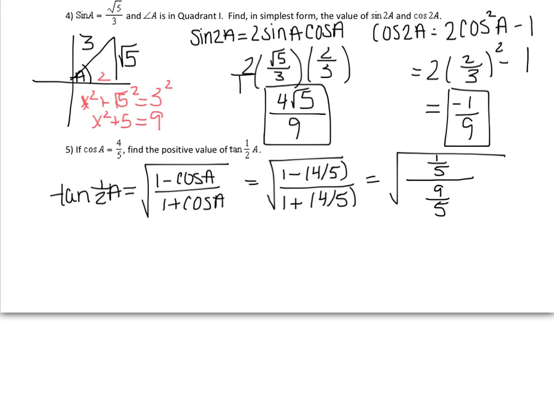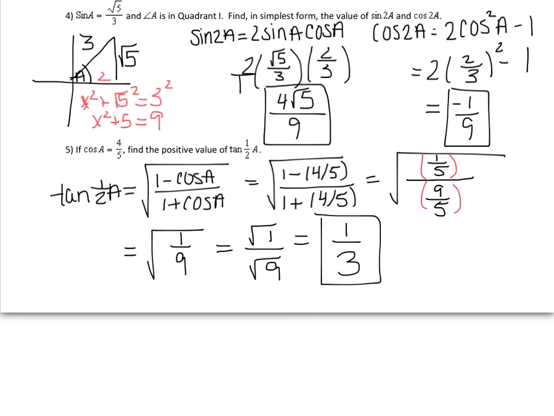Now, in the calculator without the radical, do parentheses 1/5, close parentheses, divided by parentheses 9/5. Hit enter, get me a fraction. That fraction should be 1 over 9. Now we're going to take the square root of that. So square root of the top over square root of the bottom. So final answer, 1 over 3.